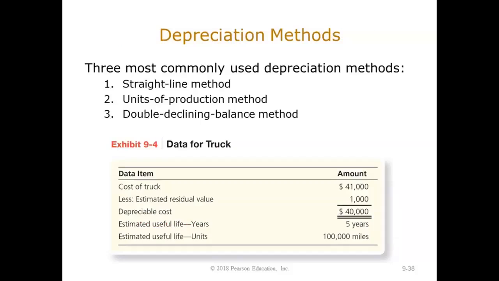Now, for the data for the truck down below, you've got the cost of the truck, the estimated residual value, depreciable cost, estimated life in years, and estimated life in units. Basically, this is all you need in order to compute depreciation for all three methods. We're going to be using different bits of information when computing depreciation expense, but as long as you have these items, this is all the information you need.